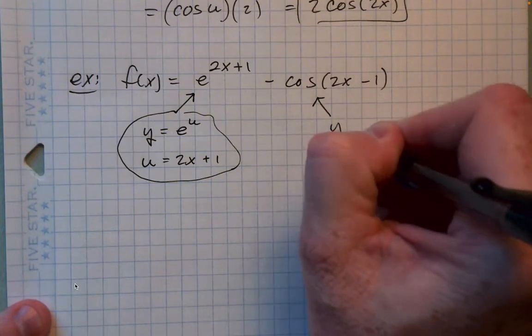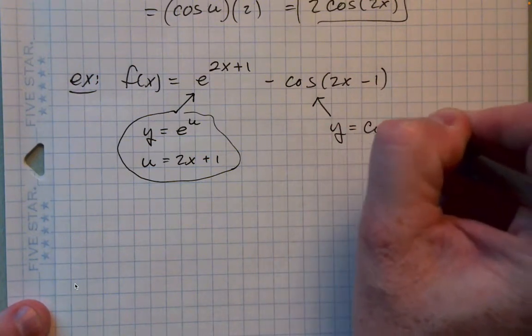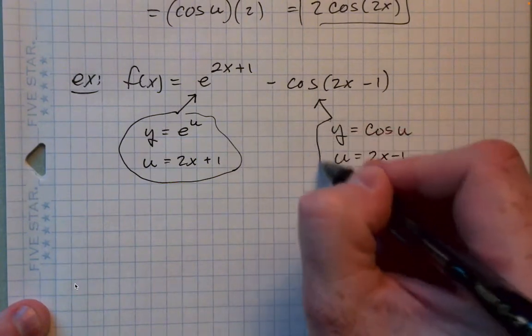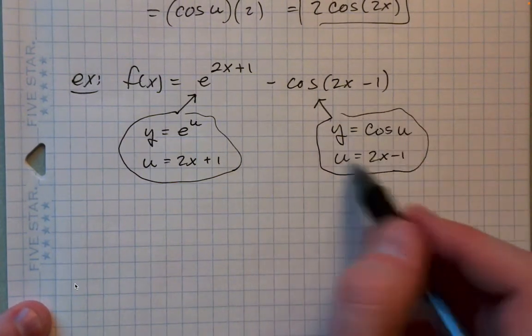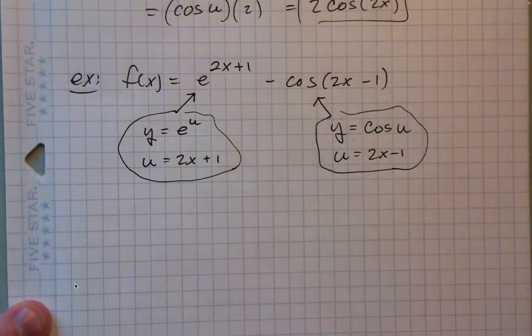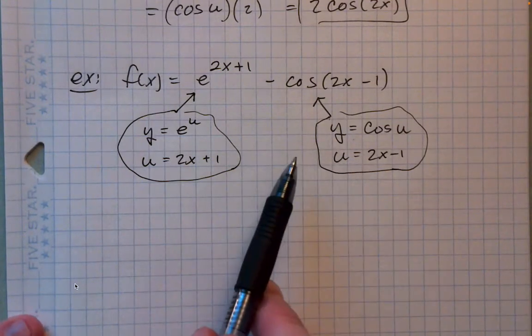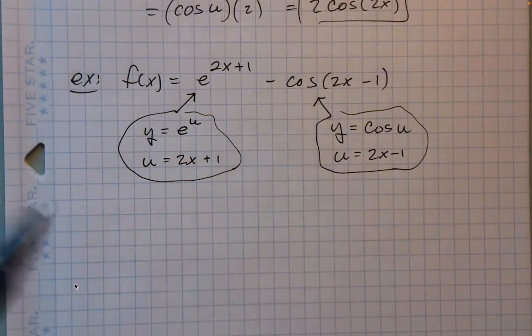Over here you've got y equals cos of u, right? And u equals 2x minus 1. So notice when you plug those together, you get the original function. What we're going to do is use the structure that we've established here together with the fact that the derivative of the overall function is just the derivative of the two parts subtracted.